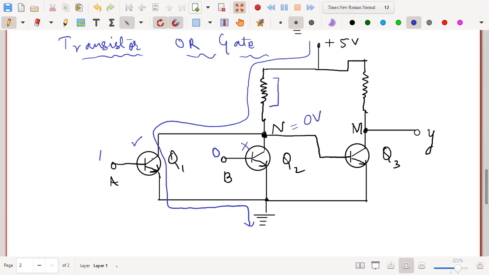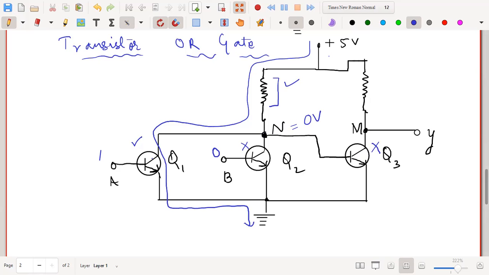That means the point N will not have a positive potential, rather it will have a zero potential. Since the point N is connected to the base of Q3, the transistor Q3 will not work.